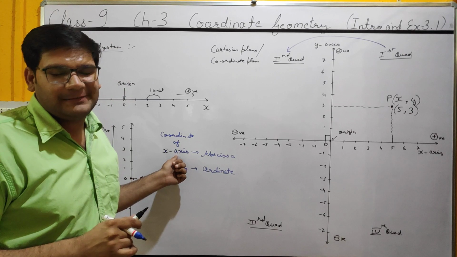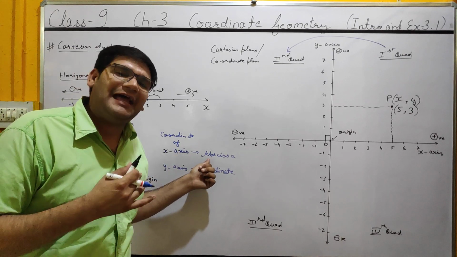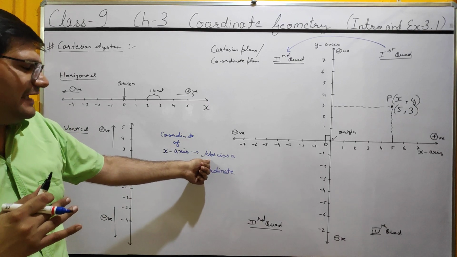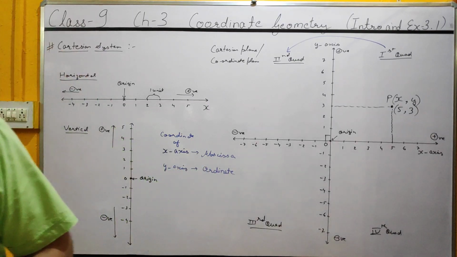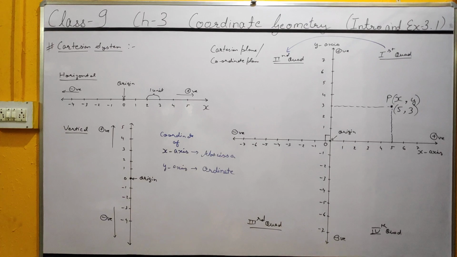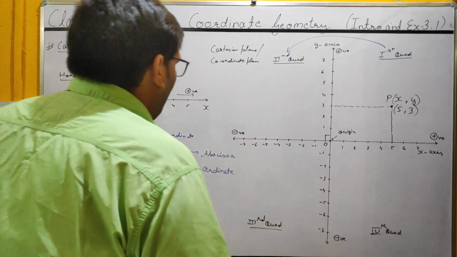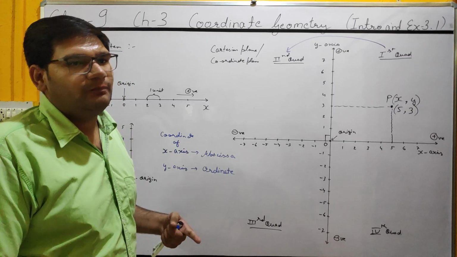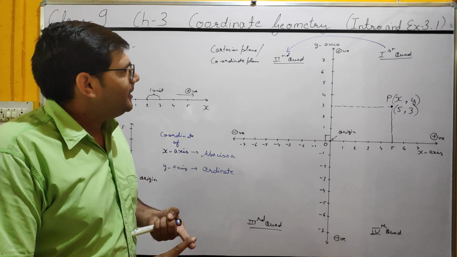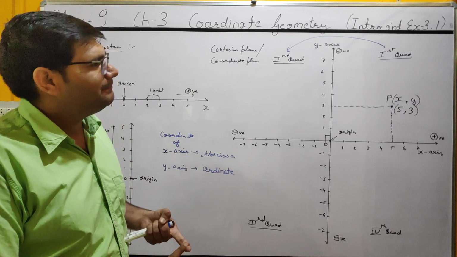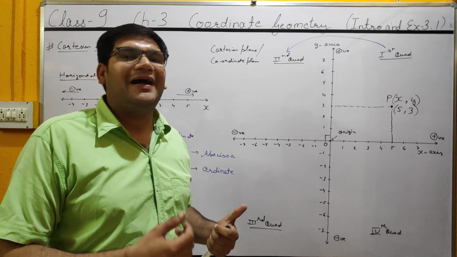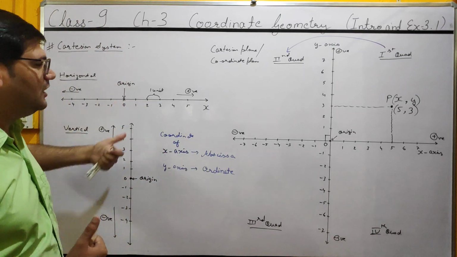This is for x-axis, it will be abscissa, A-B-S-C-I-S-S-A. Now I hope abscissa and ordinate, these words are clear to you, along with coordinate, Cartesian plane, quadrants, origin, x-axis, y-axis, horizontal line, vertical line.